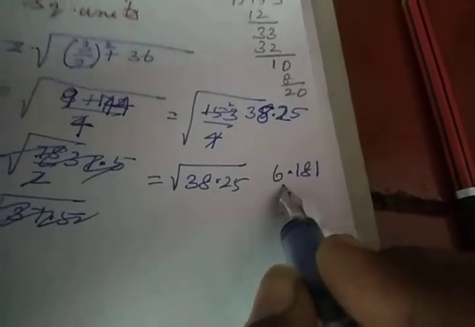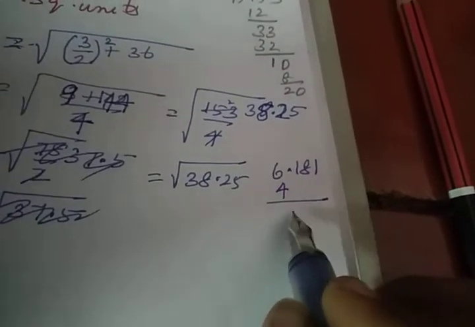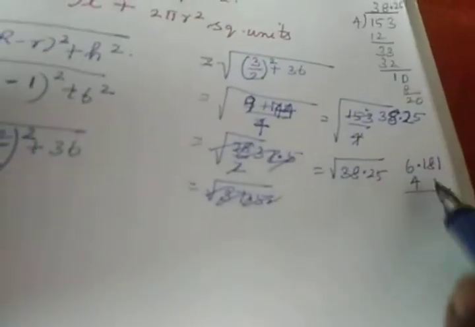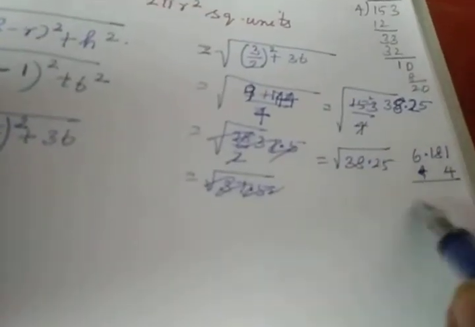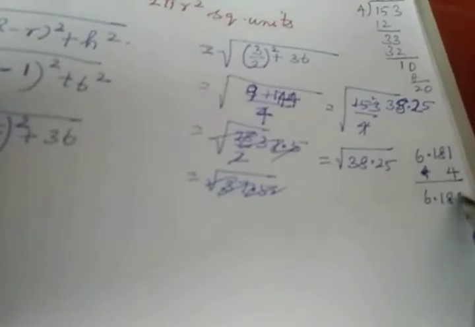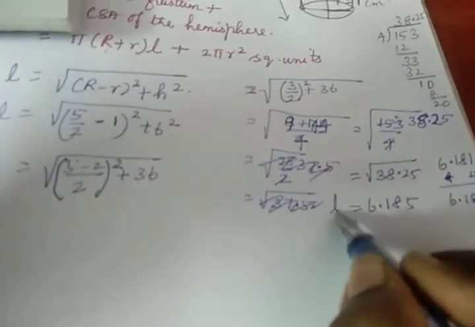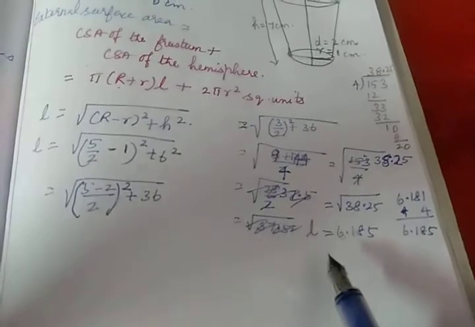So 6.181 plus 4, you should add it at the end. You will get 6.185. So the answer is 6.185, for the slant height. So we have found out what L is.